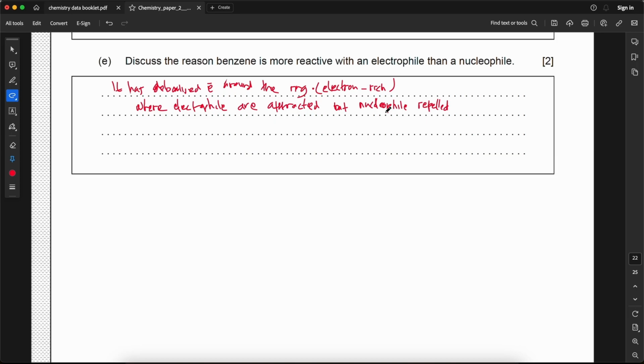But a nucleophile is also electron rich, that's why it will repel. So it is more reactive with an electrophile, not a nucleophile.